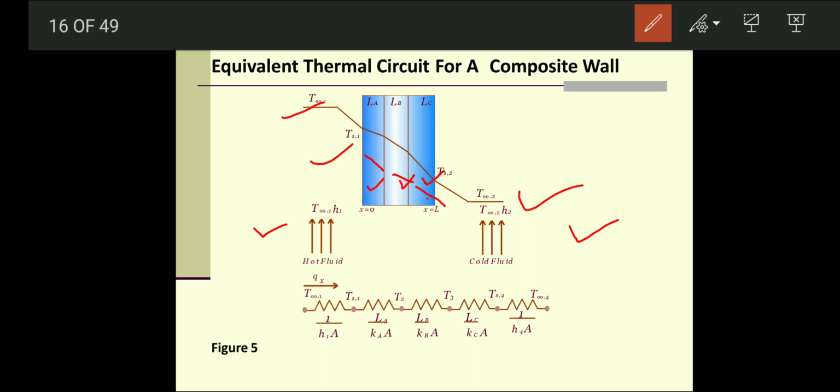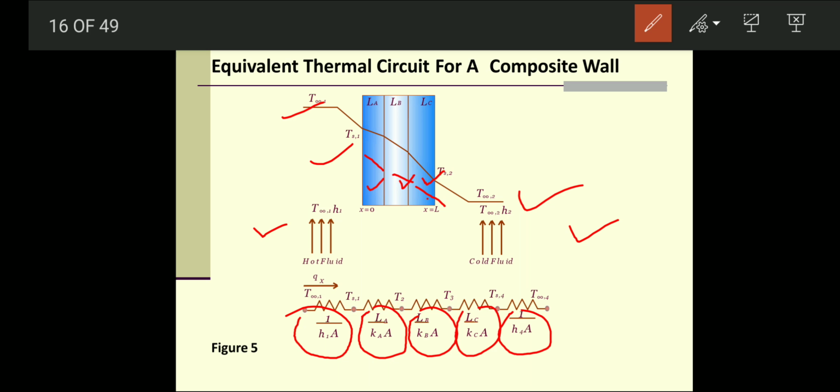First the heat is transferred from T infinity 1 to the surface temperature T1. The first resistance is the convective resistance. Second is the heat transfer from T1 to T2, the conductive resistance, and again T2 to T3 is a conductive resistance, T3 to T4 a conductive resistance, and from the surface to the cold fluid is again a convective resistance.